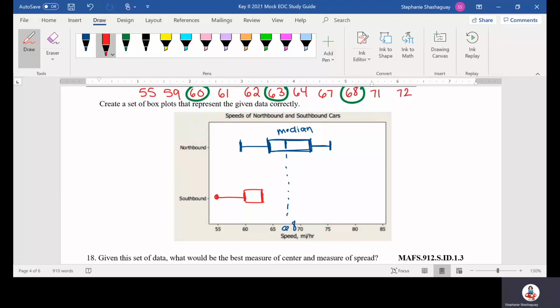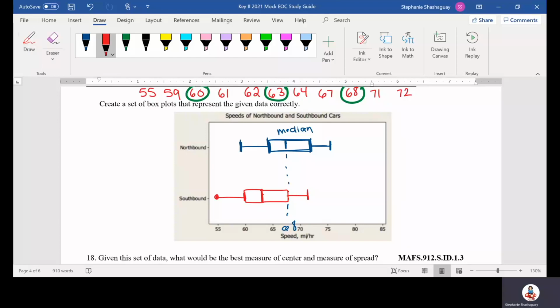My Q3 is 68, which is going to be right at the median for my other box plot. And then my highest value for this one is 72, which I can estimate is right there.